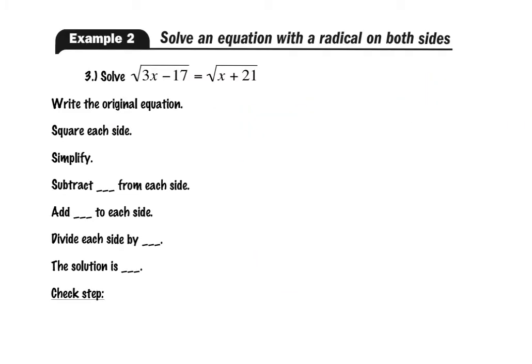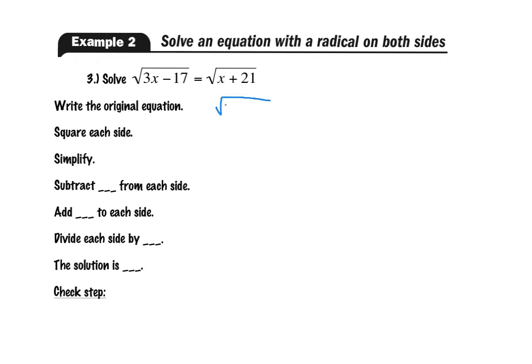All right, now let's try one that has a radical sign on both sides. So notice here that on each side of the equal sign, I have a radical sign. So I'm going to start, as always, by rewriting it here. So I have the square root of 3x minus 17 equals the square root of x plus 21.